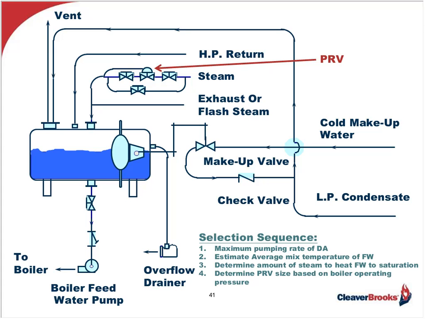And from here, we need to determine the average mix temperature of the feed water to be deaerated, including the raw makeup temperature and the returning condensate temperature, along with their percentages. So given this information, the amount of steam required to heat this water is determined, leading to the appropriate size selection for the valve based on the boiler's operating pressure.